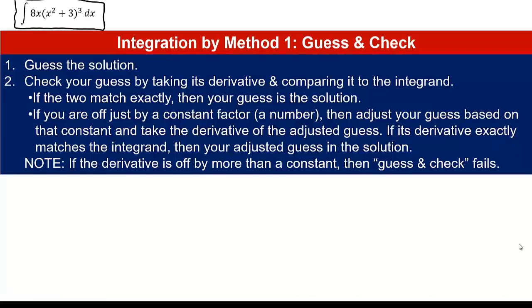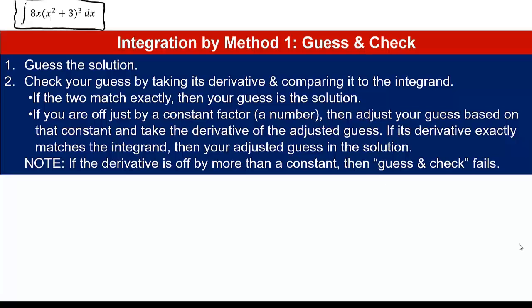Suppose I want to evaluate this integral, and suppose I want to do it by the guess and check method. What you have to remember is guess and check involves guessing the antiderivative, the integral, then checking your guess. If it matches exactly, then your guess is the answer.